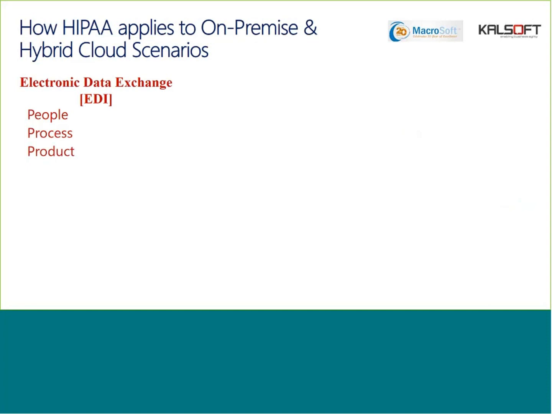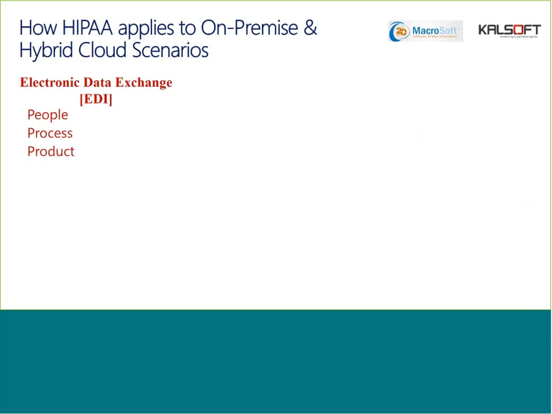So how HIPAA applies to on-prem and hybrid cloud scenarios. HIPAA has multiple levels of rules and regulations that talk about physical documents, the privacy of information, and how you can talk to certain patients, because patient-doctor communication can certainly happen outside a software solution or software infrastructure as well.